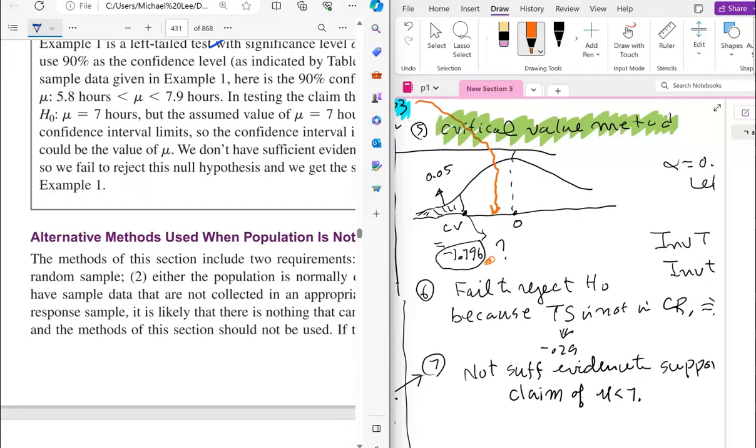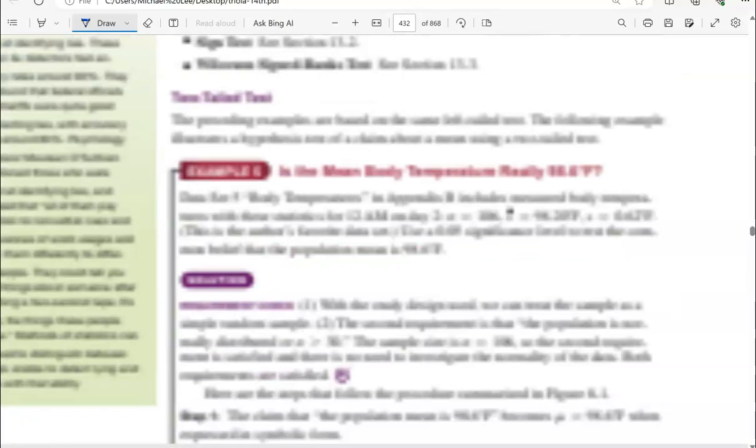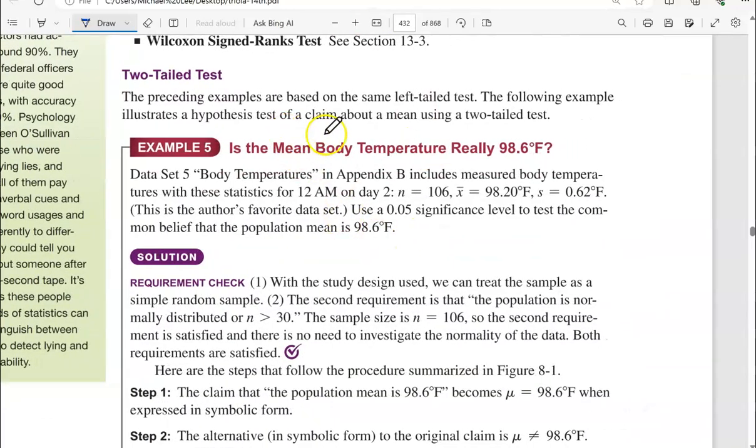Okay, so let's look at one more example, which is here, example 5. Is body temperature really 98.6? If you see the data set in this textbook, they checked 106 people and their body temperature.